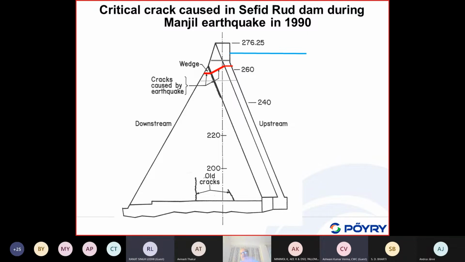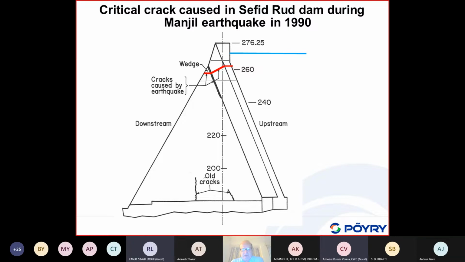So for the safety evaluation of a dam, there are several approaches. One approach is that researchers look into the formation of the cracks and the crack propagation. But based on this observation, our assumption is that it is better to make a conservative assessment of the safety of a dam, assuming that the cracks have already fully developed.